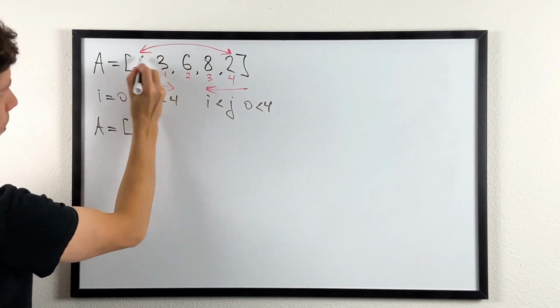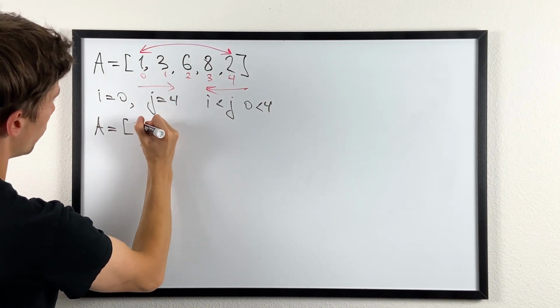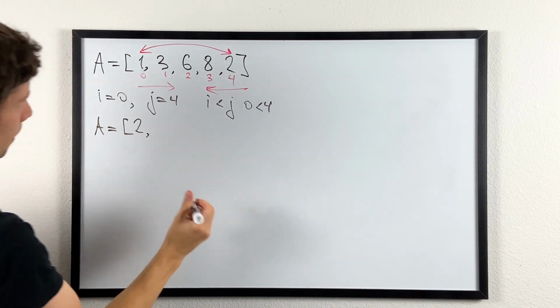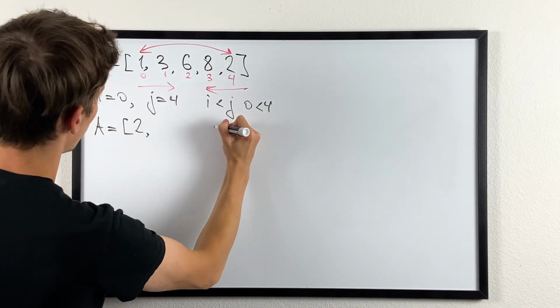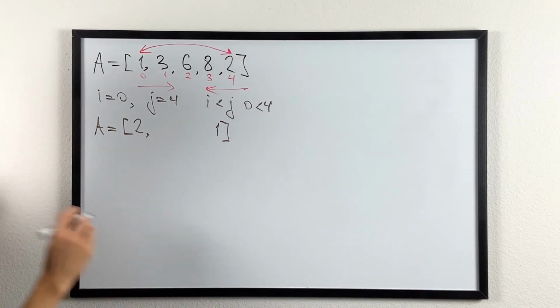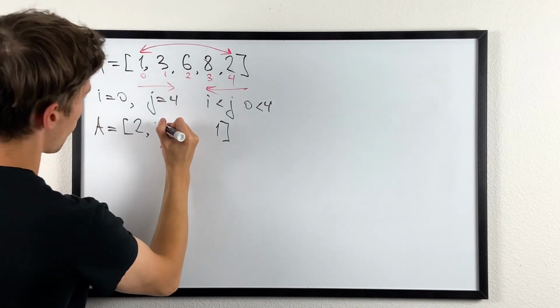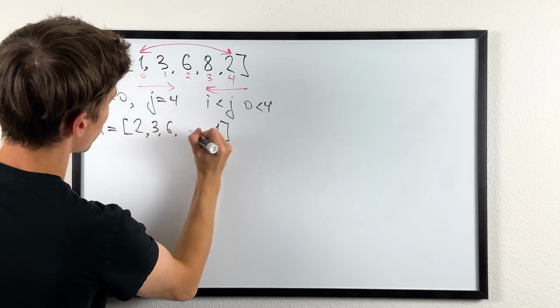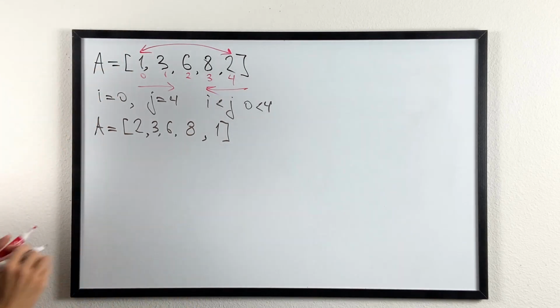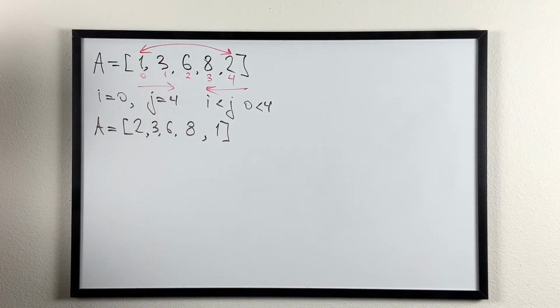So we'll be swapping 1 and 2. Instead of 1 we will have 2, and instead of 2 we will have 1. And the other elements stay the same. So 3, 6, 8. So that's how our list looks after the first iteration.